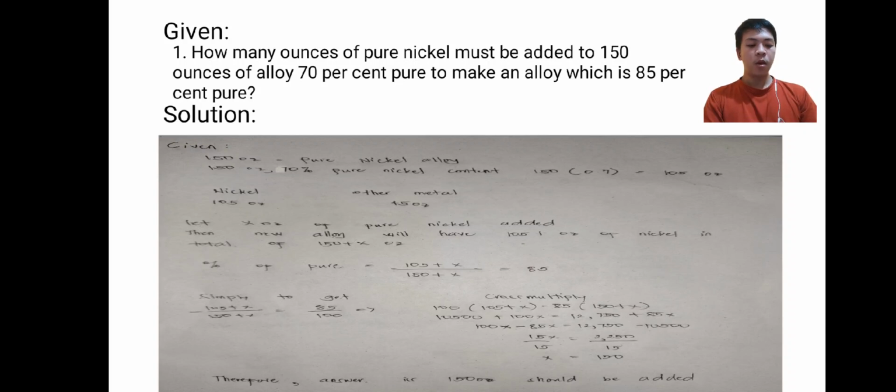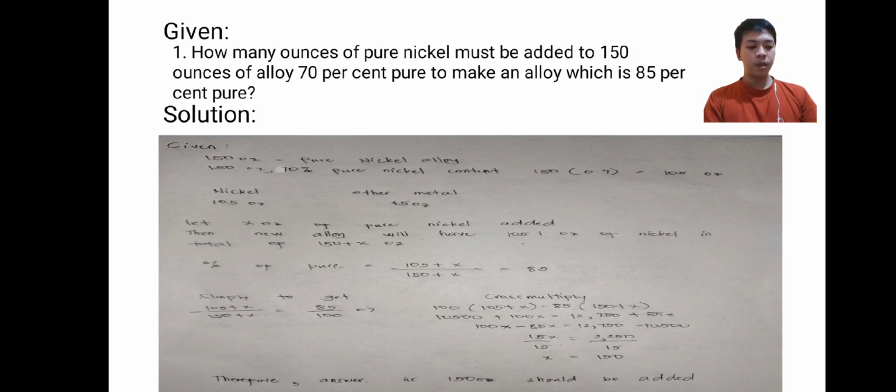Simplify to get (105 plus x) divided by (150 plus x) is equal to 85 over 100. So cross multiply, it will have 100 times (105 plus x) is equal to 85 times (150 plus x).